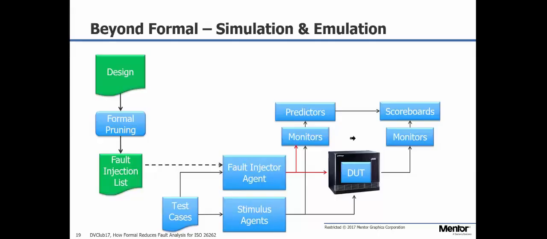Software safety mechanisms are subject to other verification solutions like emulation and simulation. If you start with formal, the undecided faults can be forwarded to the fault verification solution that we have, simulation or emulation, and from there you can start analyzing the rest.